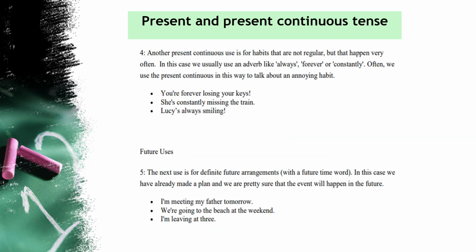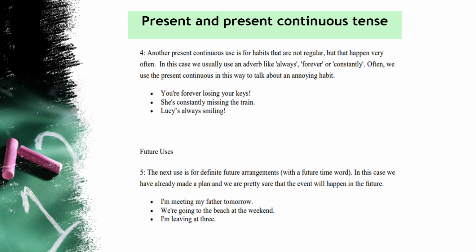Another use of the present continuous is for habits that are not regular but that happen very often. In this case, we usually use an adverb like always, forever, constantly. Often we use the present continuous in this way to talk about something annoying that happens.